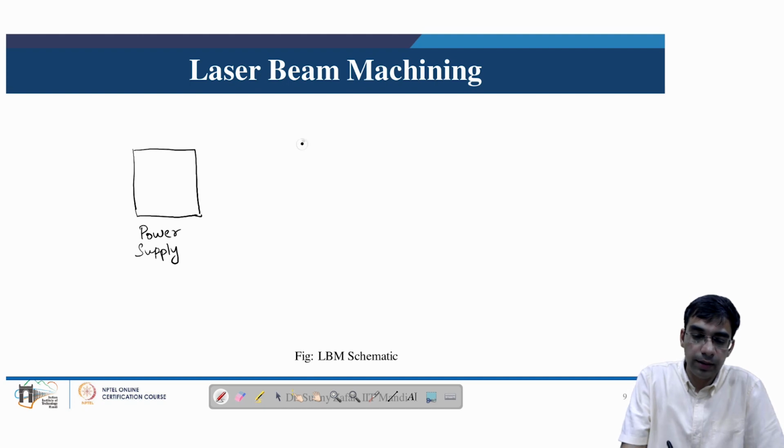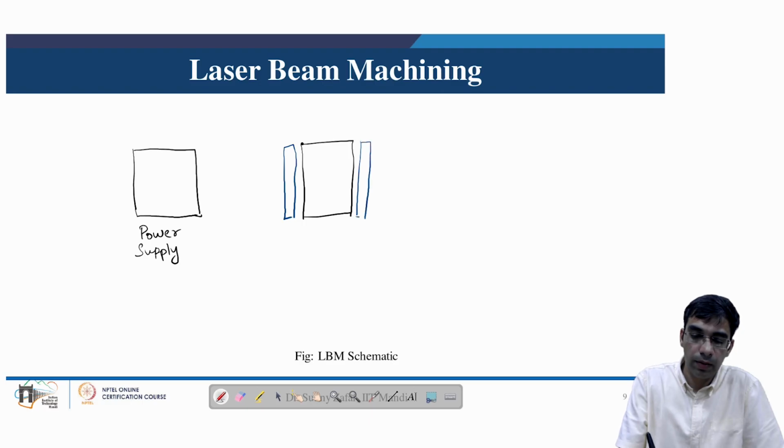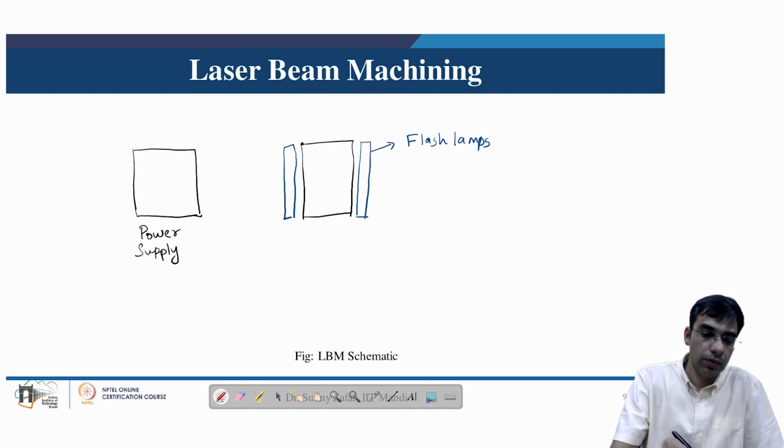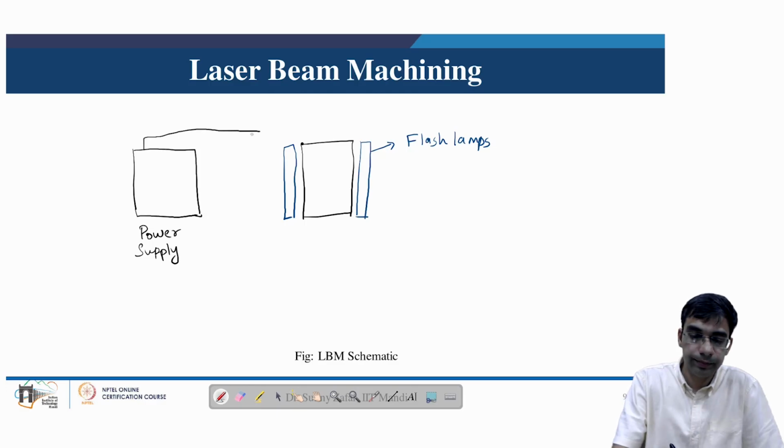Then we have the lasing medium which is surrounded by what we can call the flash lamps. Here the power supply is connected to them.